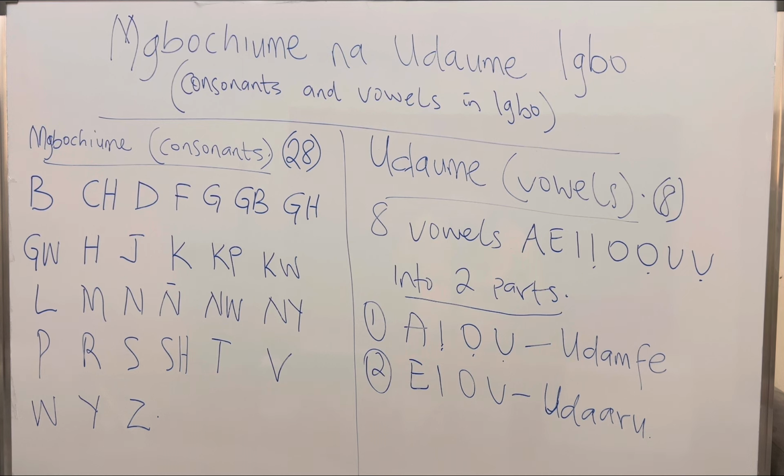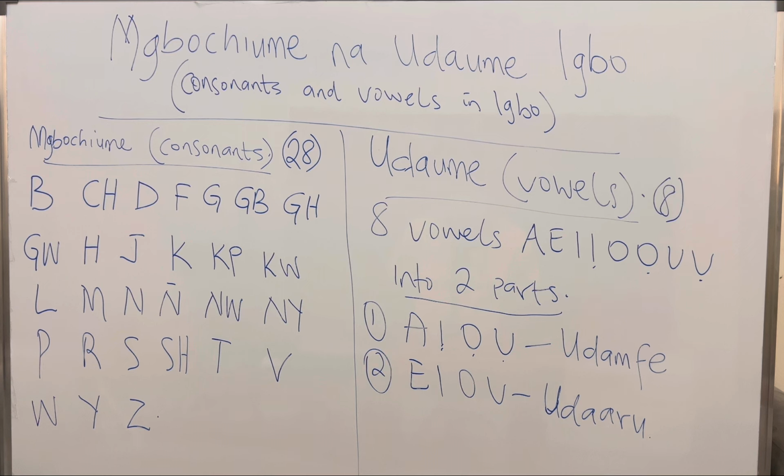And we are going to pronounce the letters one after the other, so that we will get acquainted with the sounds, because many of the letters may look exactly the same as English, but the sounds are different.